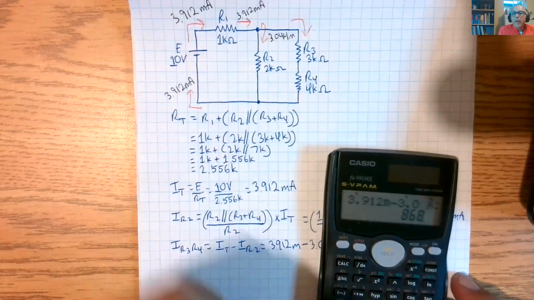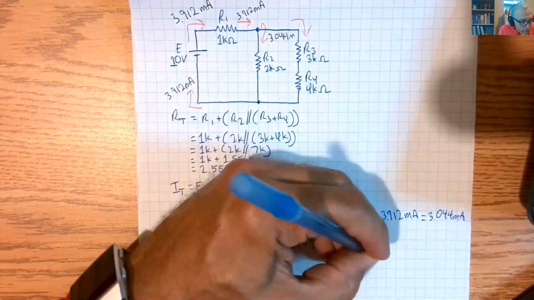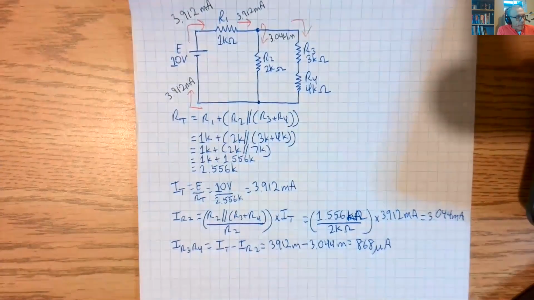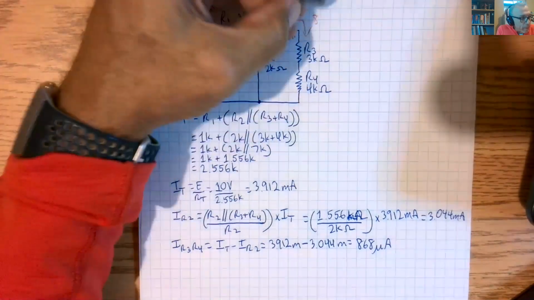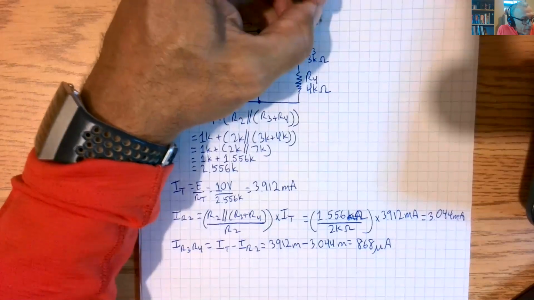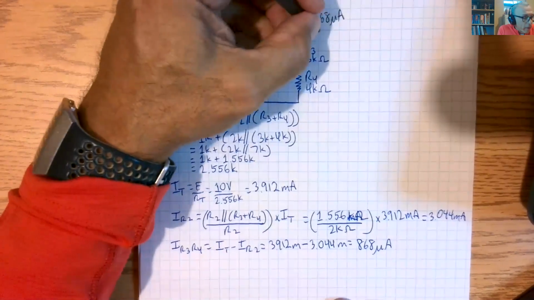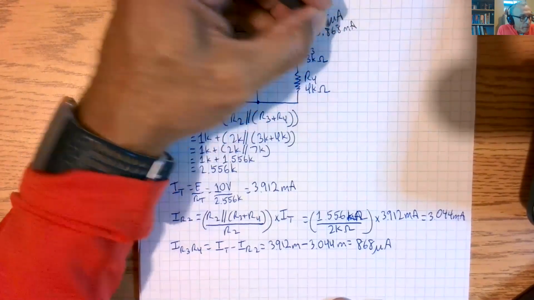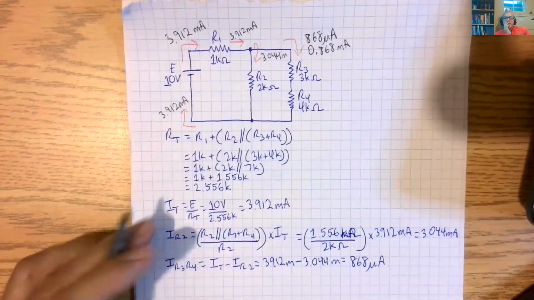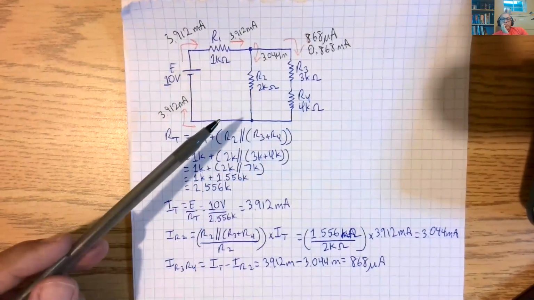That's what we get there, and we get 868 microamps, or 0.868 milliamps. So it does make sense that more current is coming down here than here, okay?